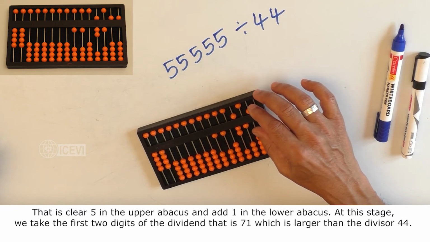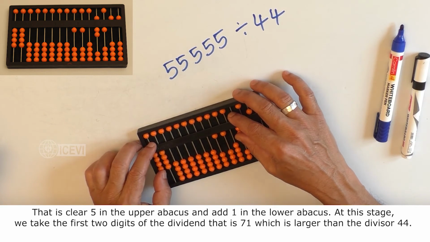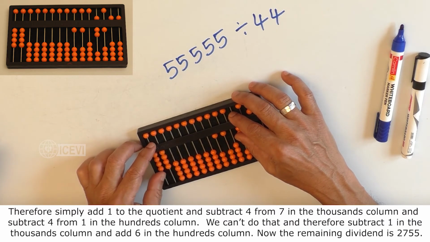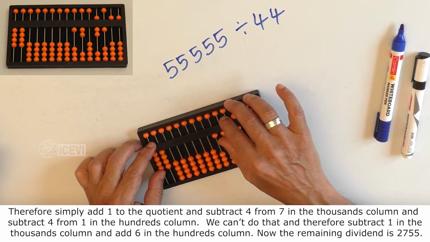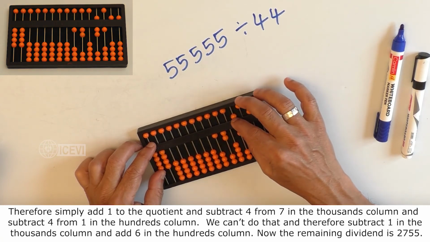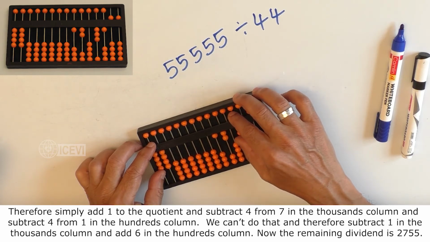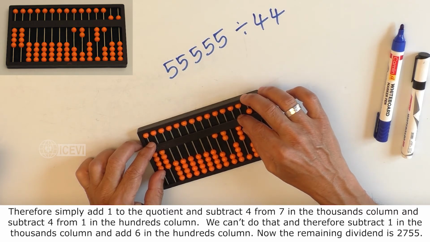At this stage, we take the first 2 digits of the dividend, that is 71, which is larger than the divisor 44. Therefore, simply add 1 to the quotient and subtract 4 from 7 and 4 from the 1 in the hundreds column.